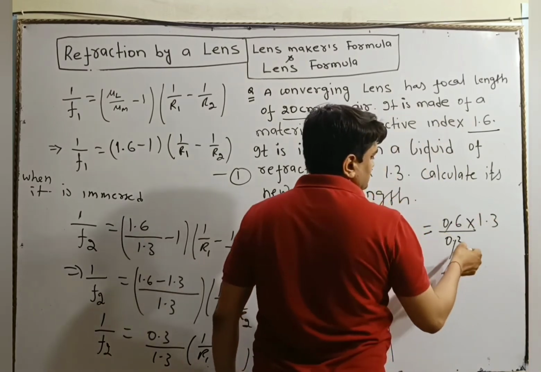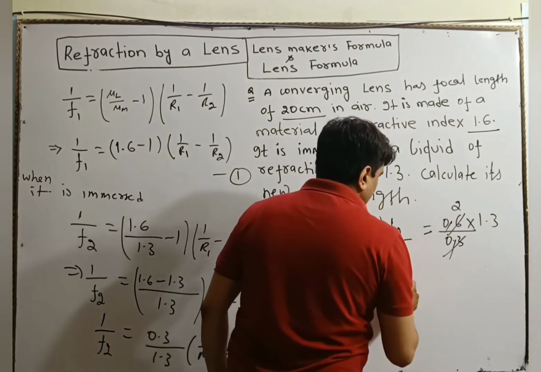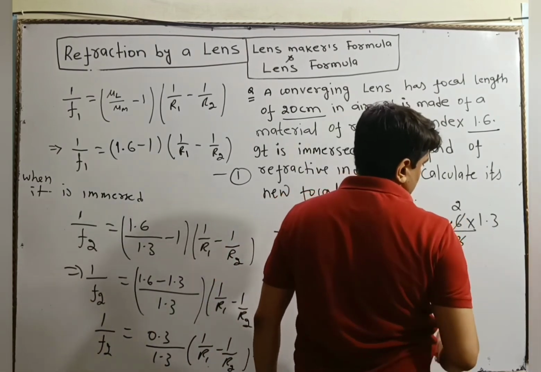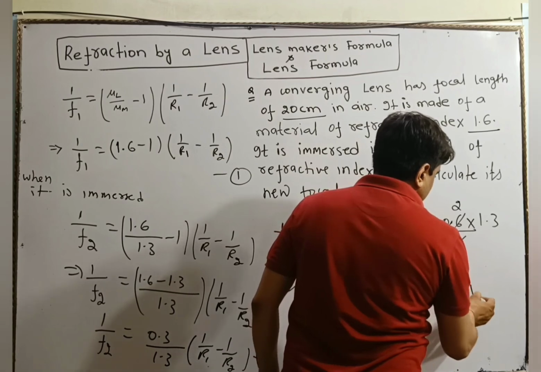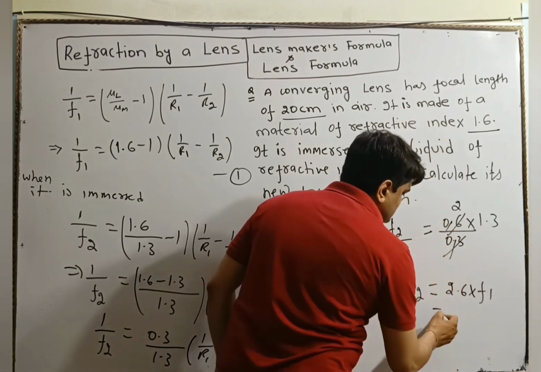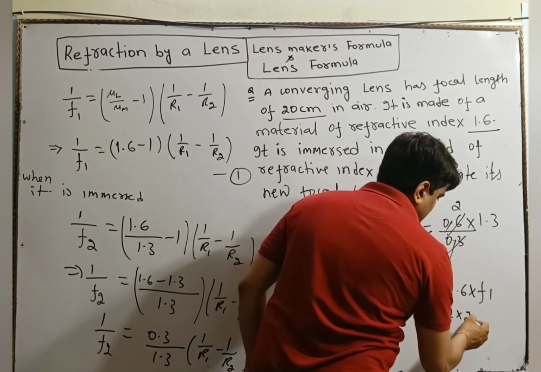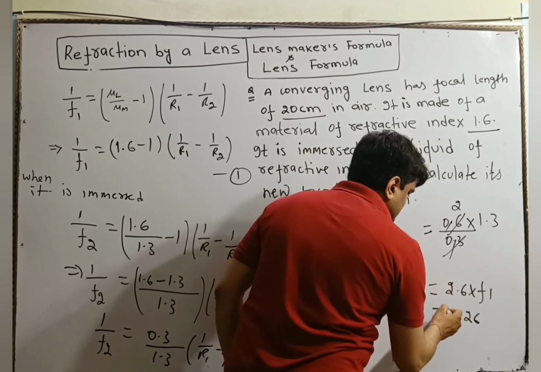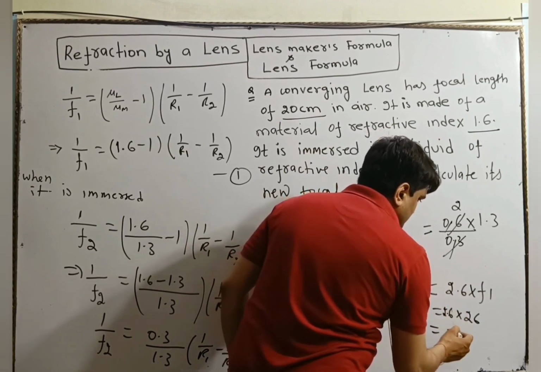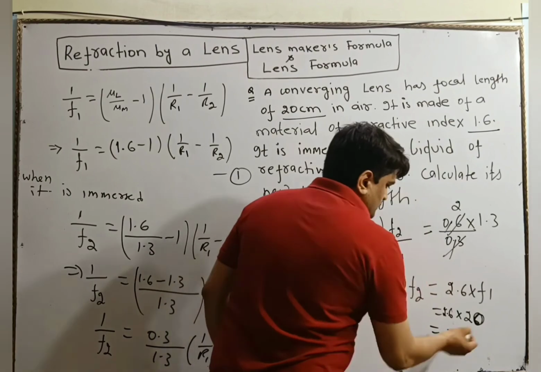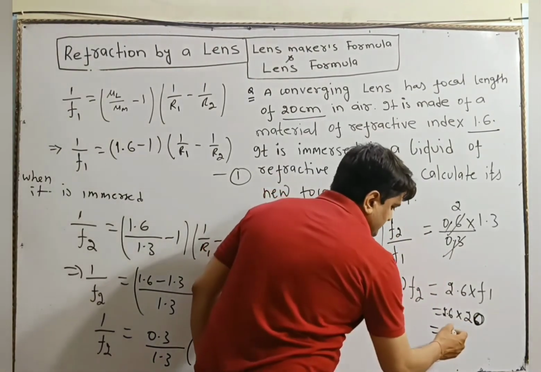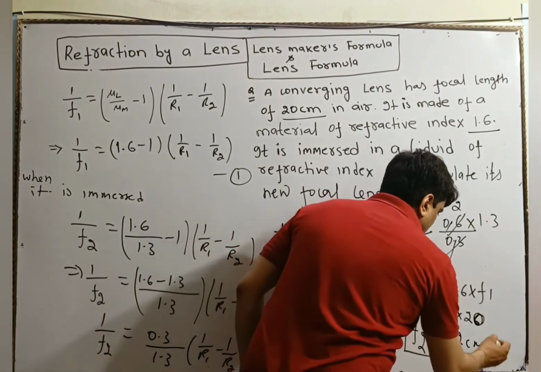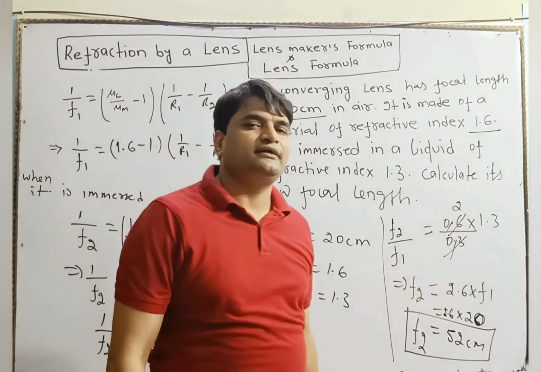We can remove the decimal, it will be 2. So f2 will be 2.6 times f1, and f1 is 20 centimeter. It is 20 centimeter and it is 2.6. So it is 20. So 40 and 12, it becomes 52 centimeter. So the new focal length will be 52 centimeter. Okay, that's simple question.